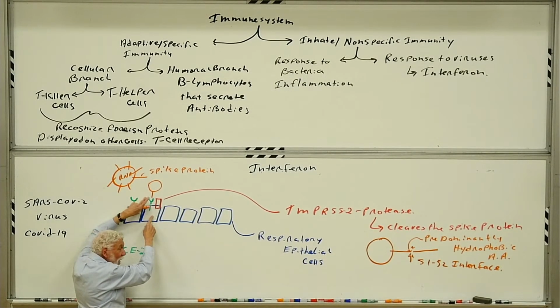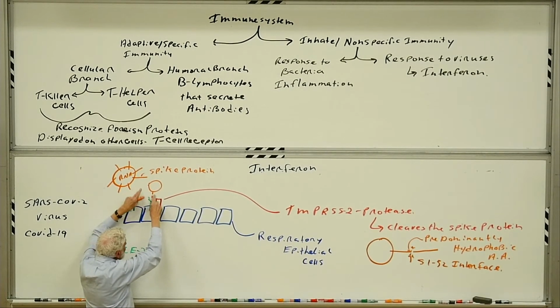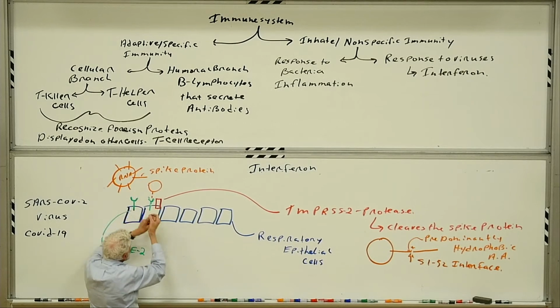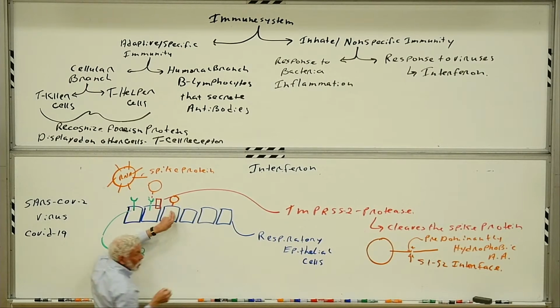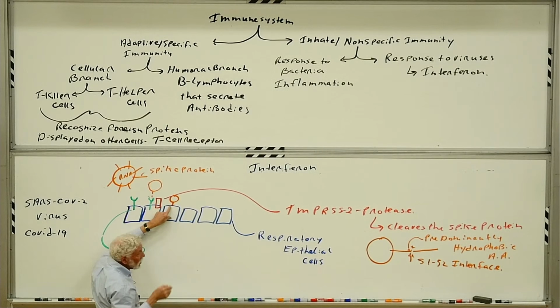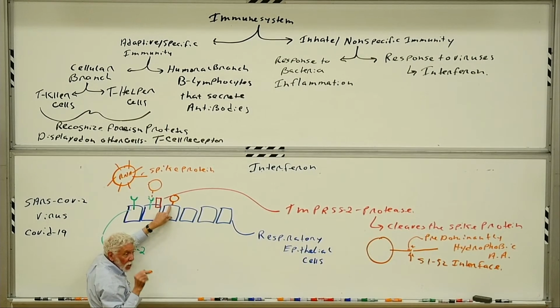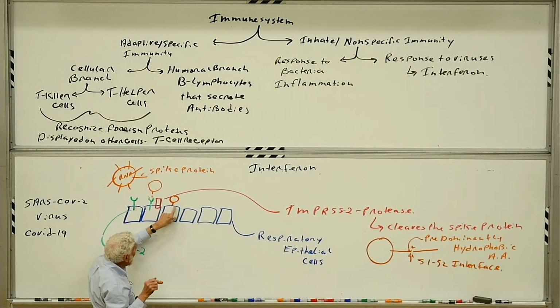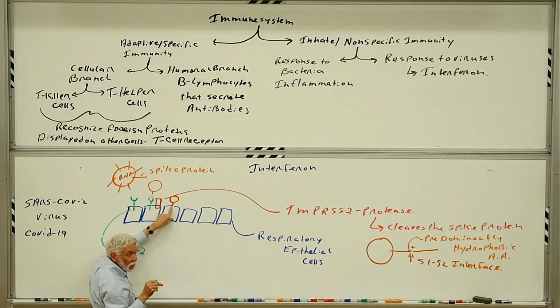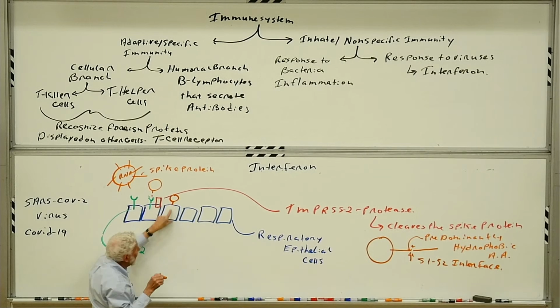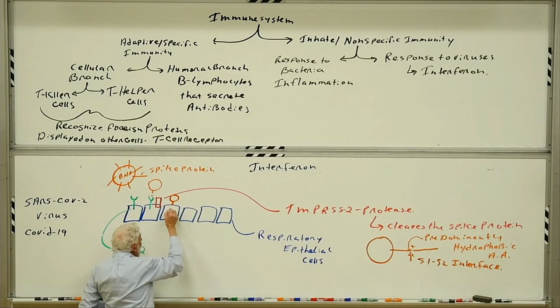But more recent data suggests that when we clip this here, this series of hydrophobic amino acids now allows the virus to come right down onto a neighboring cell. When it lands on the neighboring cell with this series of hydrophobic amino acids exposed, that allows it to insinuate itself into the phospholipid bilayer of the cell. And one way or another, that now permits the access of the coronavirus into the cell.